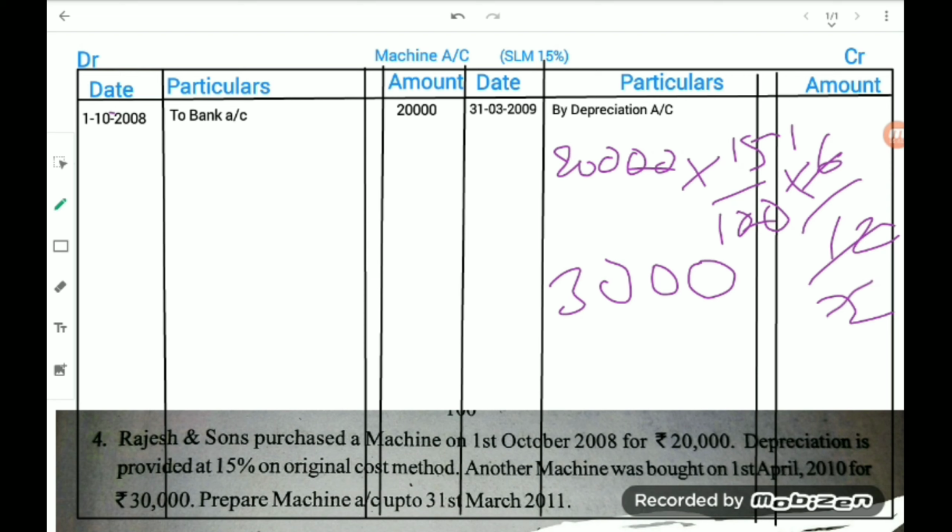Next, 2 ones are 2, 2 15s are 30. So 1500 is the total depreciation for the first year.